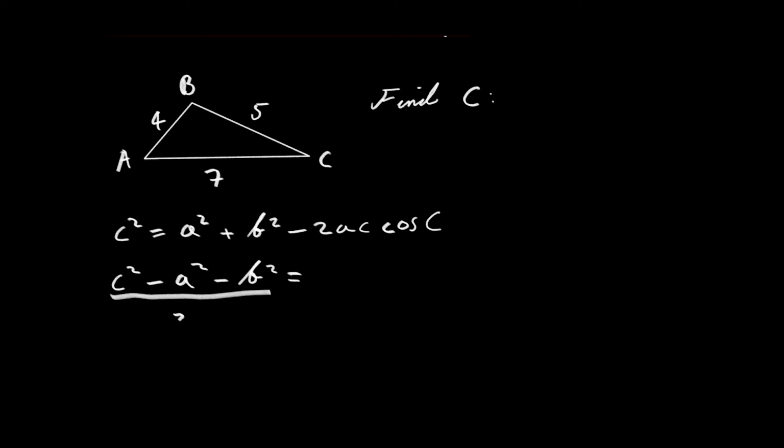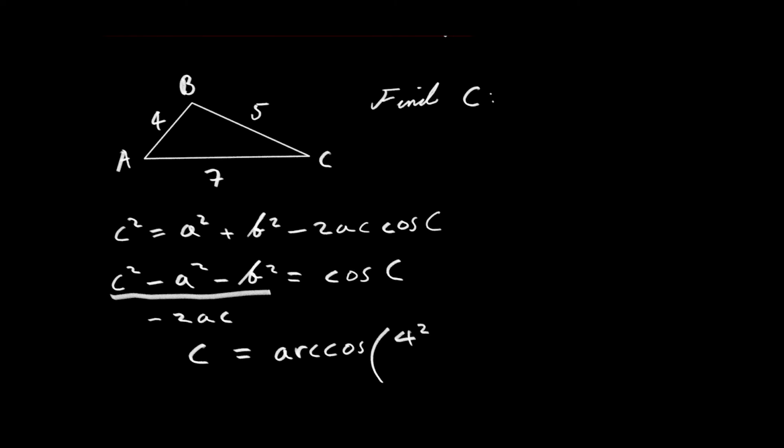So we would have this on the left-hand side, divided by negative 2ab, equals the cosine of C. Then you would substitute everything that you know into the left-hand side, not even simplify, and take the arc cosine of both sides. Doing that, we isolate C, and we would have C equals the arc cosine of, let's substitute everything in now.